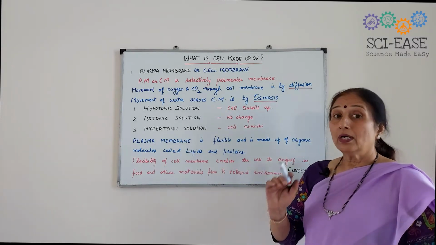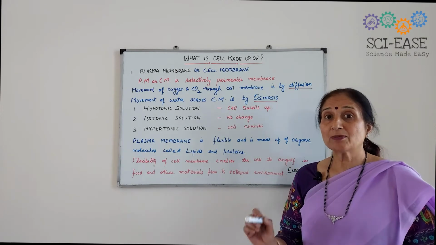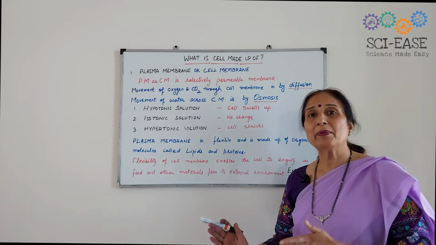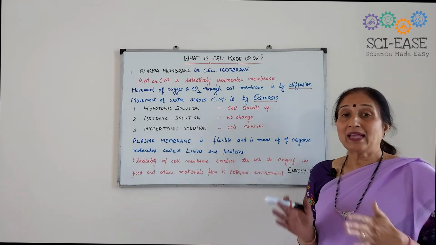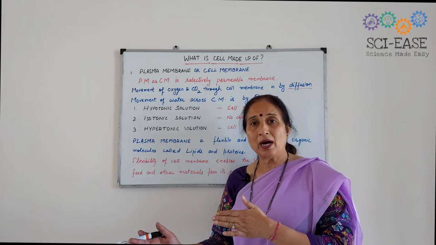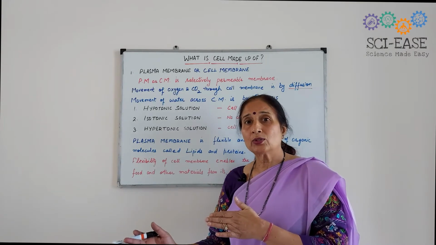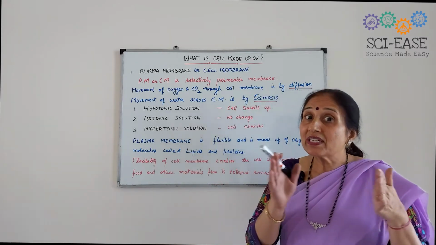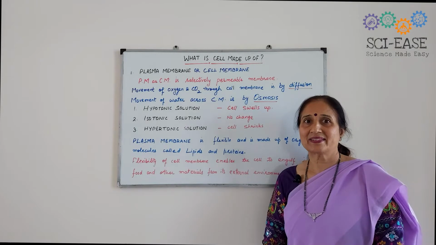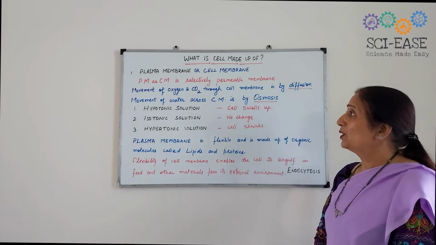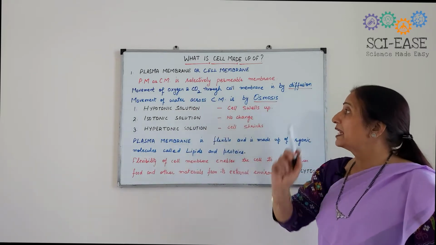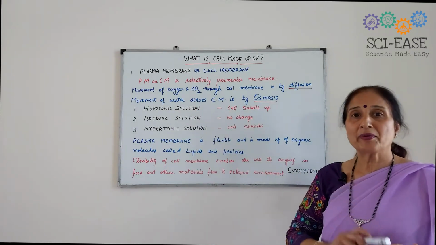So this layer, the plasma membrane, is known as a selectively permeable membrane. That is, it allows some materials to pass through it and it restricts the movement of some of the materials. So the plasma membrane or cell membrane is a selectively permeable membrane.